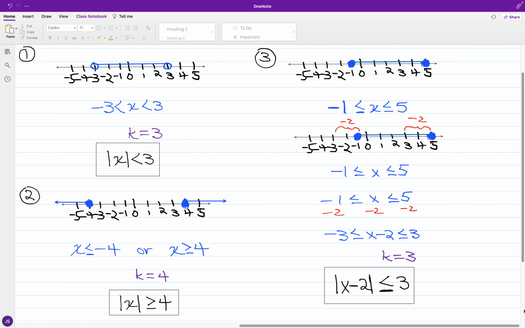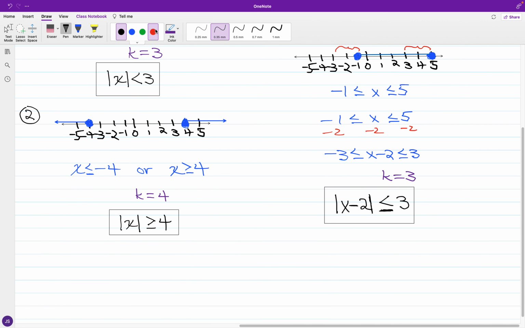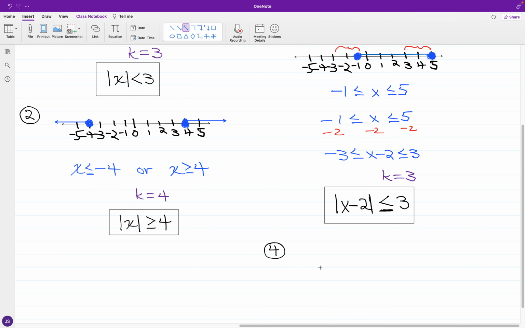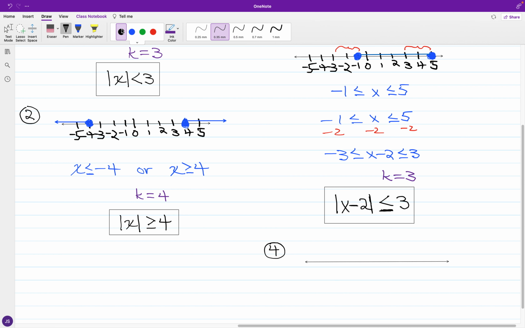And say just a final case here, where you might have a shifting involved. I'll just change the numerical scale on this one. I don't have 0 in the middle.